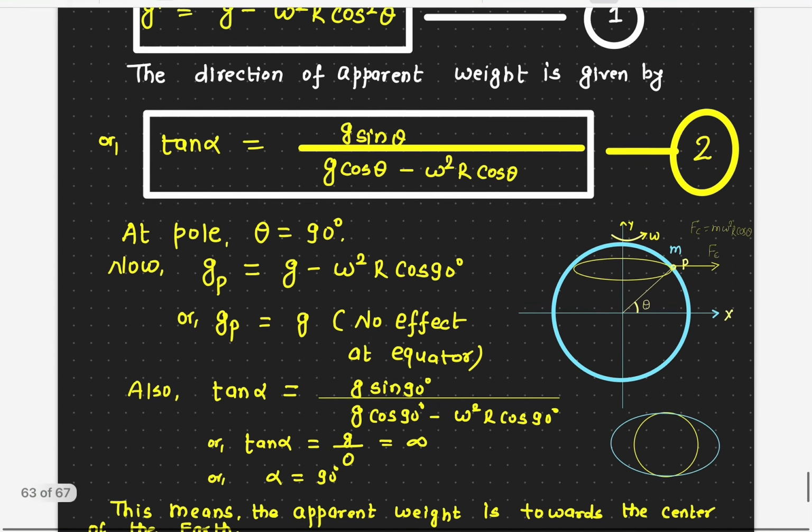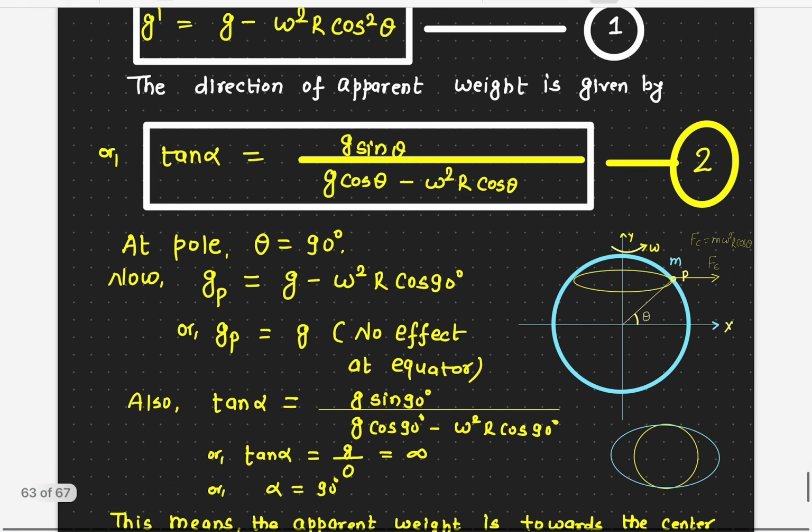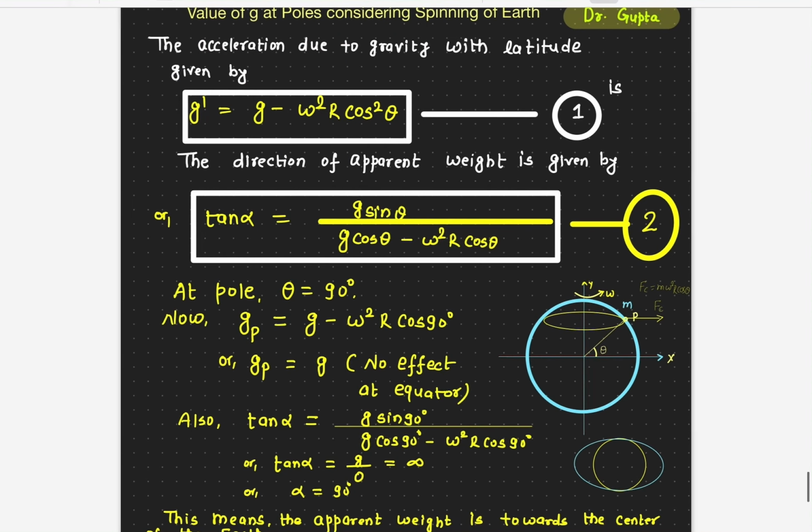All right. If you are at the pole, theta would be 90 degrees. So let's plug in. If I plug in 90 degrees, this value would be exactly equal to 0, as expected. And if I plug in 90 degrees here, I get alpha to be 90 degrees.